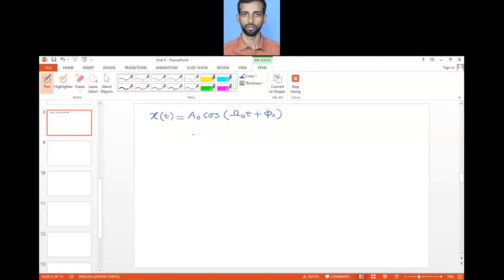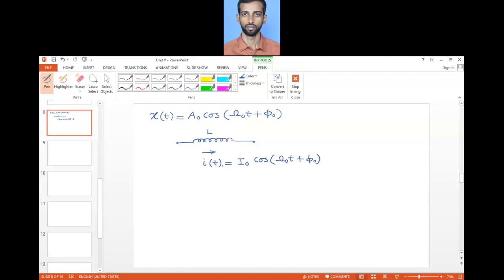Now let us take a very pertinent example. Let us assume that we have a very useful electronic component, an inductor, whose inductance is given by L. Suppose the excitation being provided, the current I of t, follows sinusoidal variation. It is equal to I naught cos of omega naught t plus phi naught.